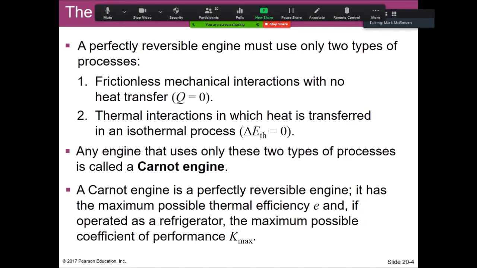So there can't be any friction or dissipation in any way, maybe through light, sound, whatever. And also an isothermal process, where you can transfer heat, but it doesn't change the internal energy of the system. And any engine that uses these 2 processes, okay, is what's called a Carnot engine.